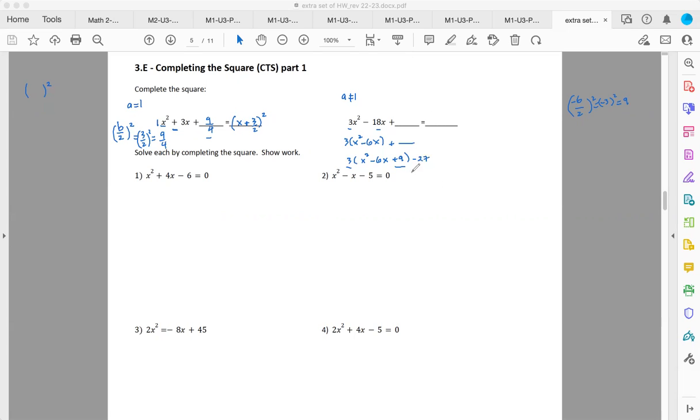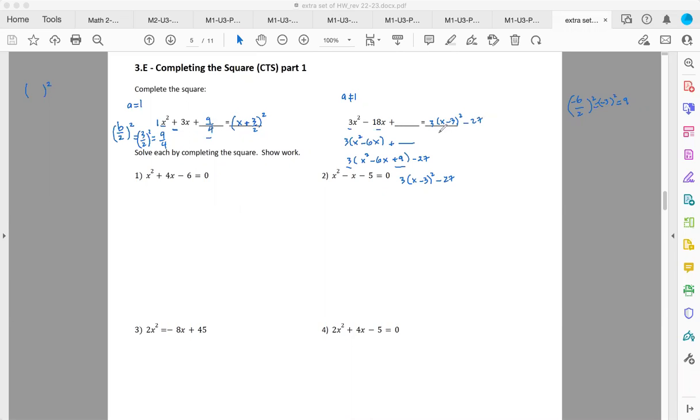So this here becomes 3 times my perfect square, which is x squared minus 6x plus 9, which is (x minus 3) quantity squared. Let me clean this up a little bit. (x minus 3) quantity squared, and then minus 27. So this becomes 3 times (x minus 3) quantity squared minus 27.